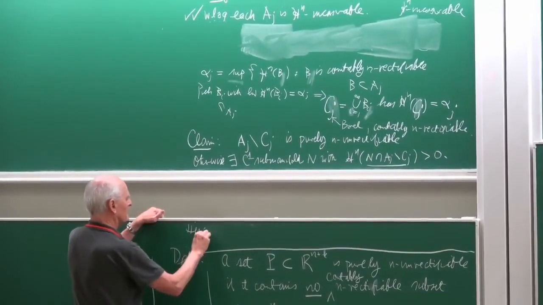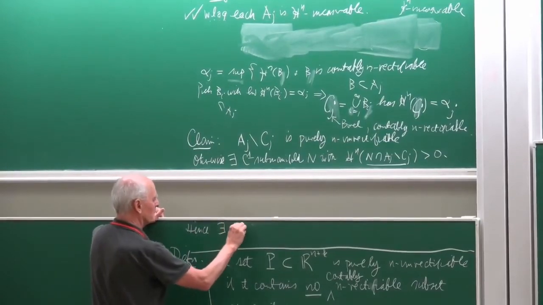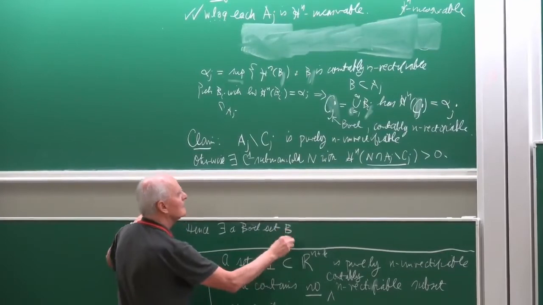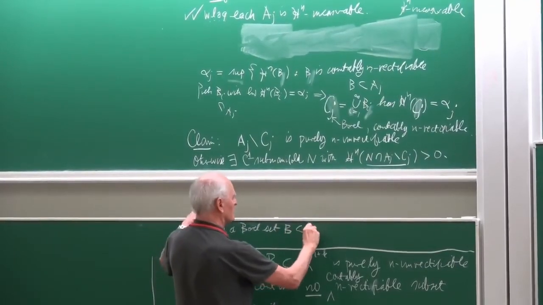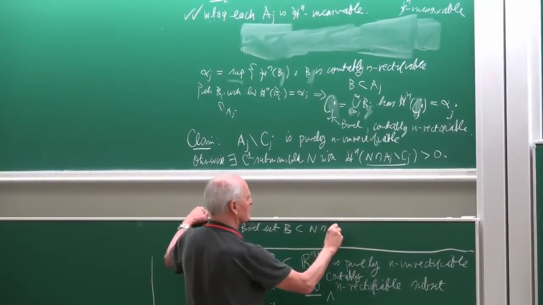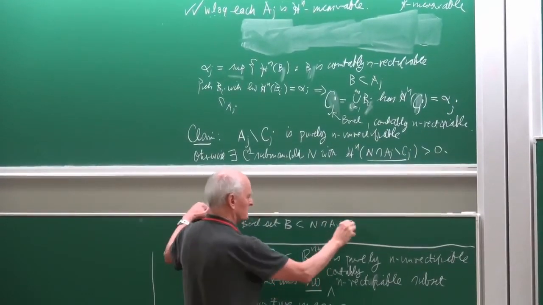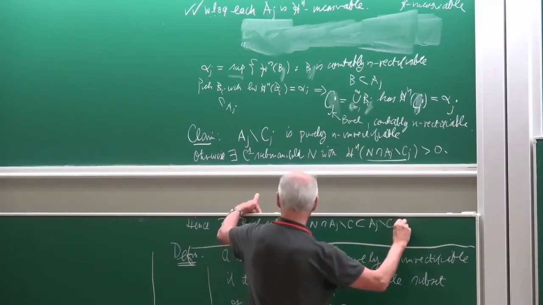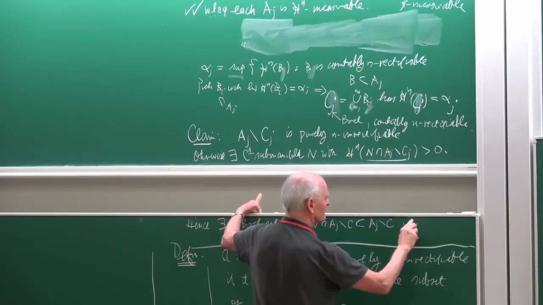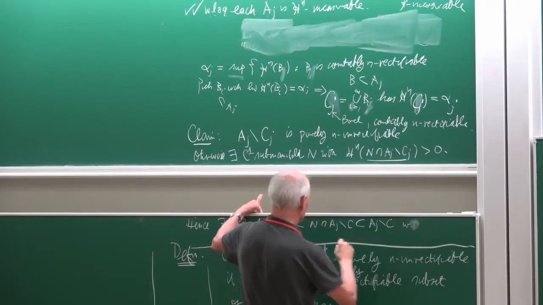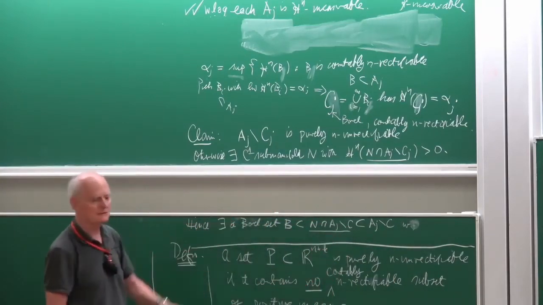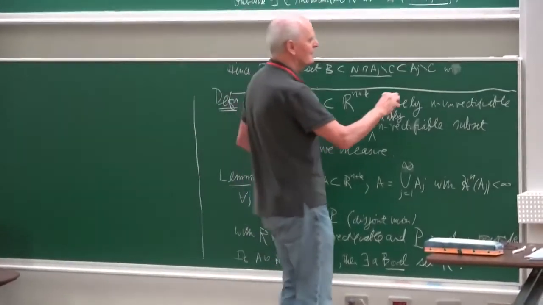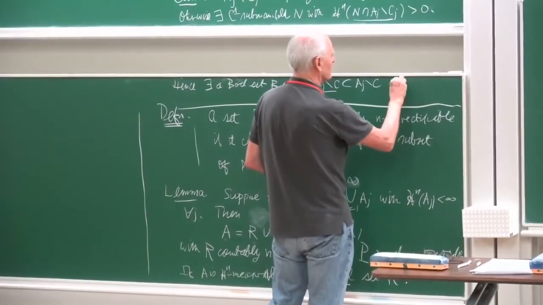Hence, there exists a Borel set, call it B, contained in N intersect Aj minus Cj, which is of course contained in Aj minus Cj. That's the important thing, with positive measure, which is countably n-rectifiable. Of course, it's countably n-rectifiable because it's a subset of a C1 submanifold.